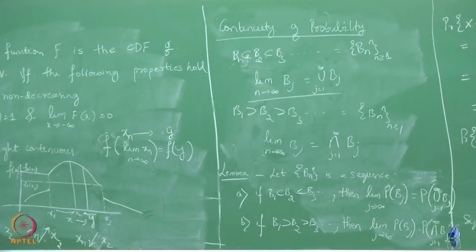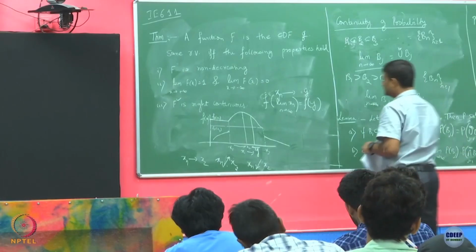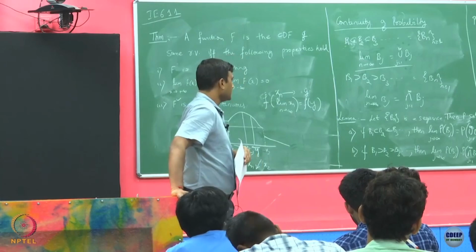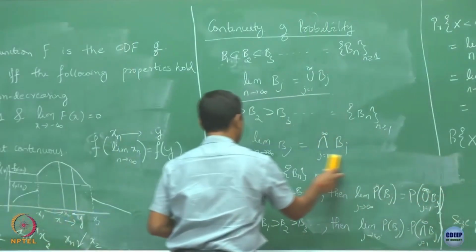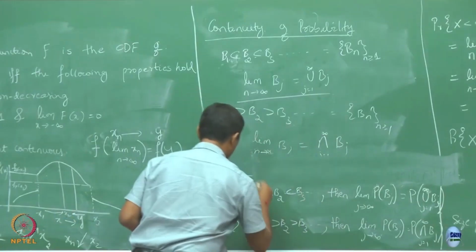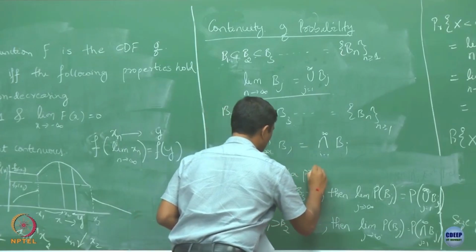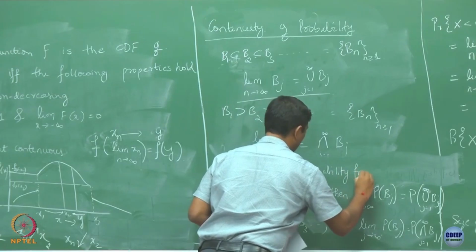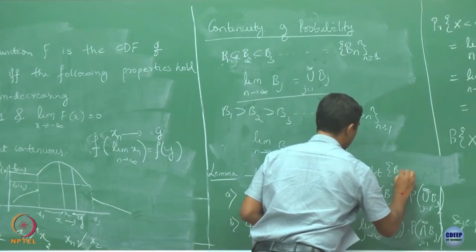So this is our claim. Or maybe the better way to write it is: let P be a probability function and let Bn be a sequence.